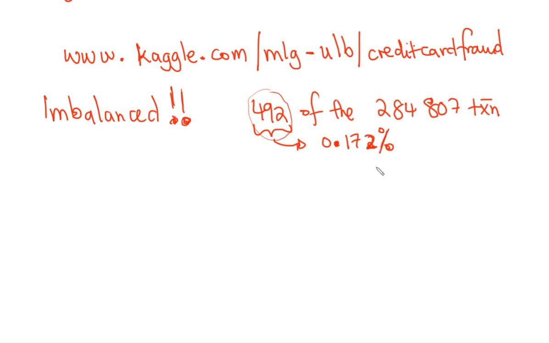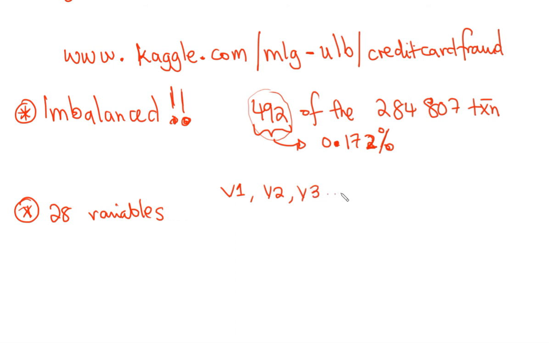So that is that. And then another thing that I wanted to emphasize about the data: the data has 28 variables. If you look at them, we have variables v1, v2, v3, etc. When you look at the explanation of the data, they say these variables were created from principal component analysis. So actually, the original data set could have had 100 variables.